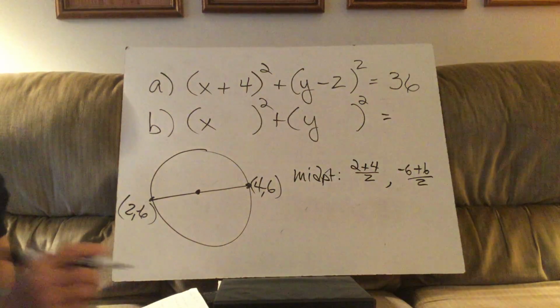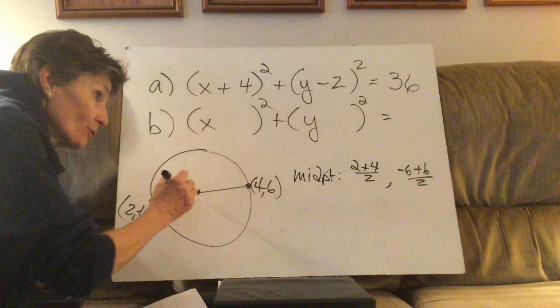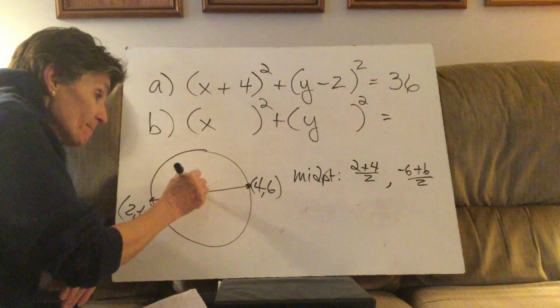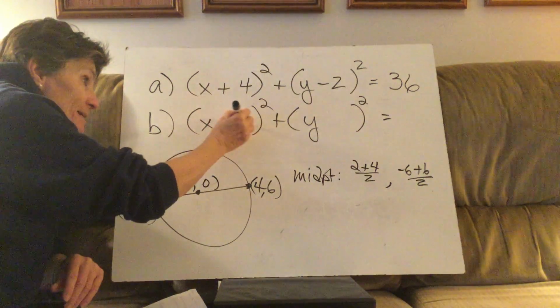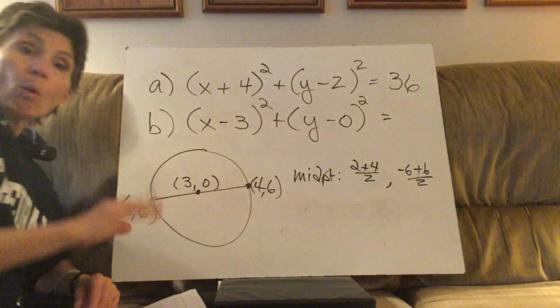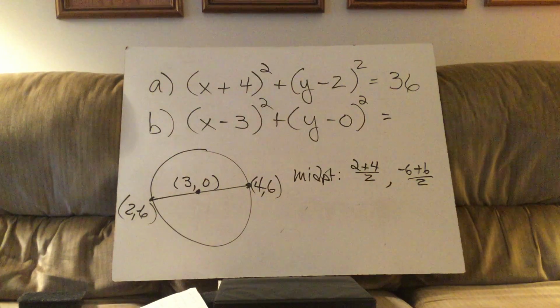We did that way back at the beginning of the year. You've done that every year since you were in middle school, actually. Midpoint is average, so we're going to add and divide by 2. So it looks like my center is 2 plus 4, 6 over 2, 3, comma, 0. So x minus 3, y minus 0, or plus 0, or not at all. You could just write y squared there, plain y squared.